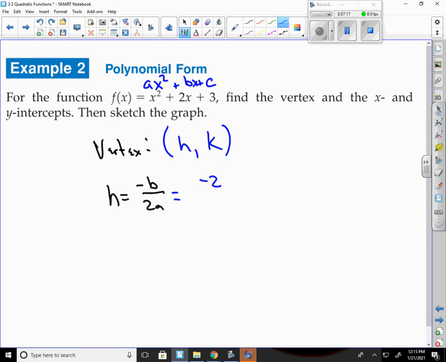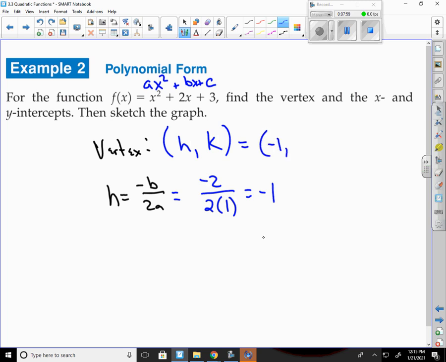So that's a negative 2 over 2, and what's a? A is 1, because there's no number in front of x squared. So it's negative 2 over 2 times 1. 2 times 1 is 2. Negative 2 divided by 2 is negative 1. So that gives me the x value of the vertex.